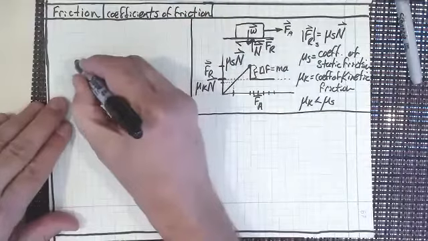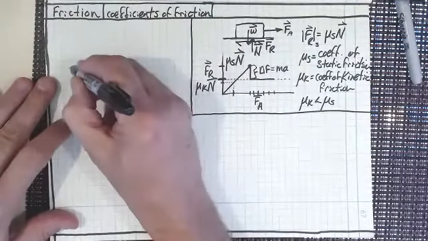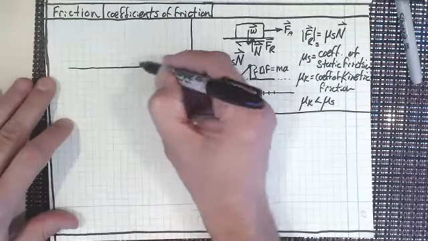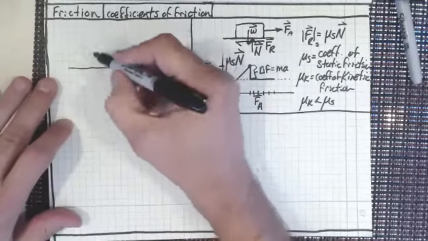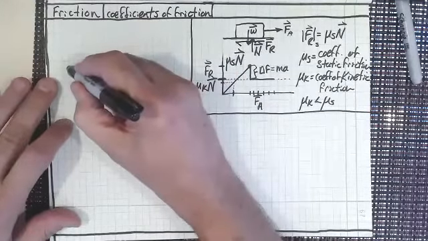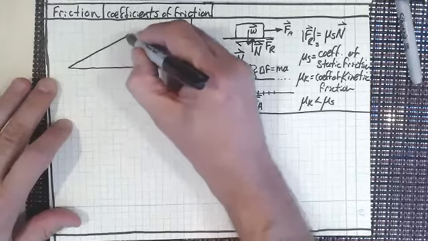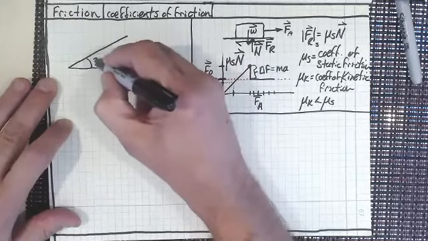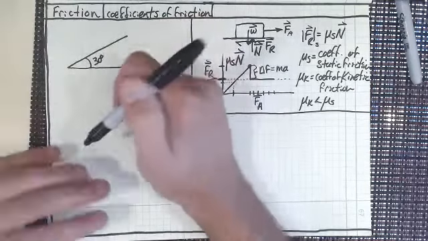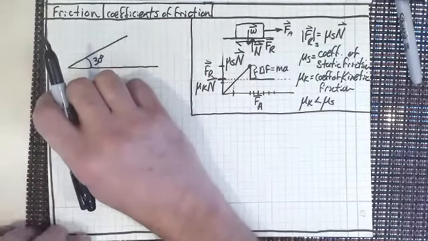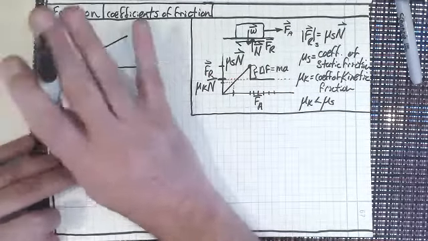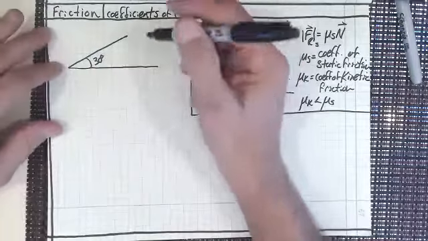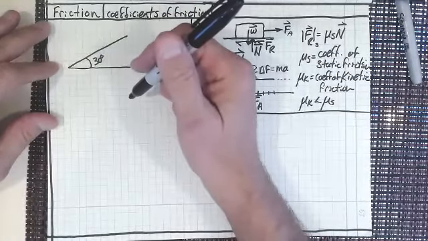I'm going to make a 30-degree incline, right? So I've got a 30-degree incline here. I'll say that's 30 degrees. Doesn't that look 30 degrees? I don't know. I have a 30-degree thing around. I'm not going to get it.